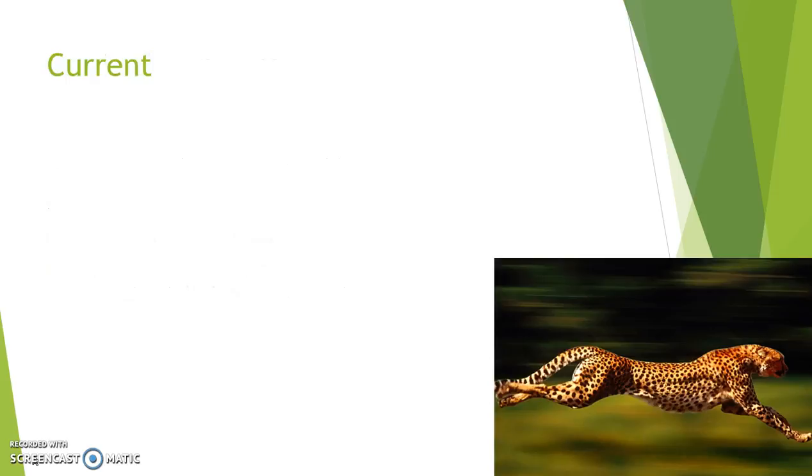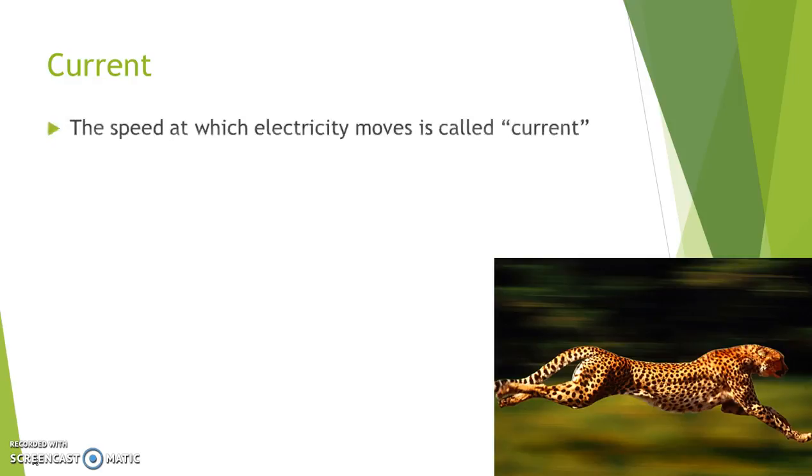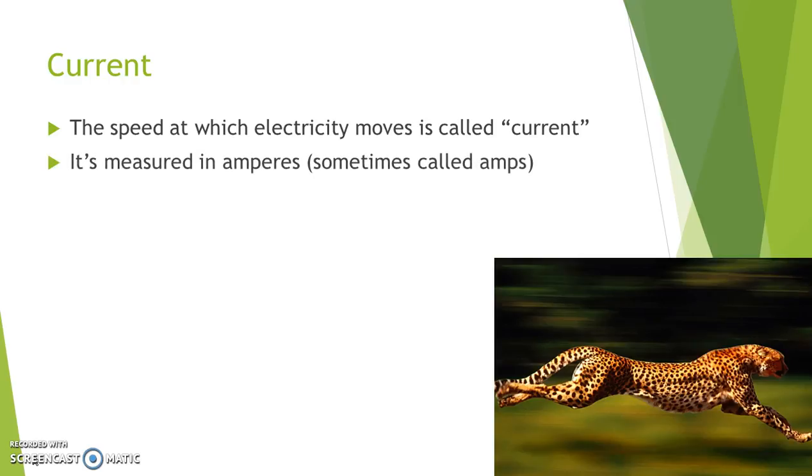Instead, what we want to talk about is the movement of electricity, so current. And no great shock, current is the speed at which electricity moves. We measure it in amperes, and amperes just mean coulombs per second. So an amount of charge divided by time.